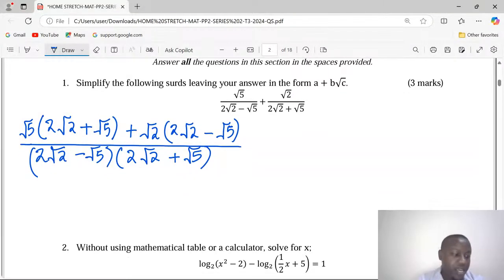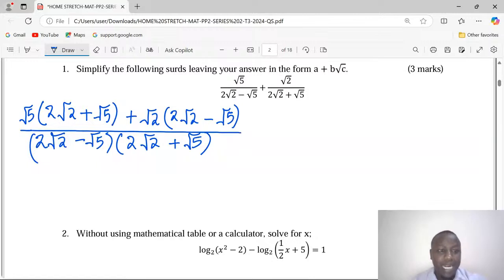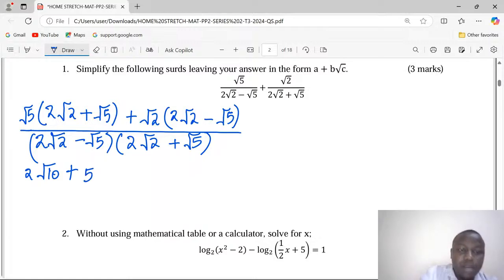Then now from the numerator, we can open brackets. We can just expand, whereby we will get 5 by 2 root 2. It will be 2 root 10, then plus root 5 times root 5, that becomes root 25, and that is a rational number, whereby we get 5, then plus 2 multiplied by 2 root 2, that will become 2 multiplied by the root of 4, and the root of 4 is equivalent to 2.